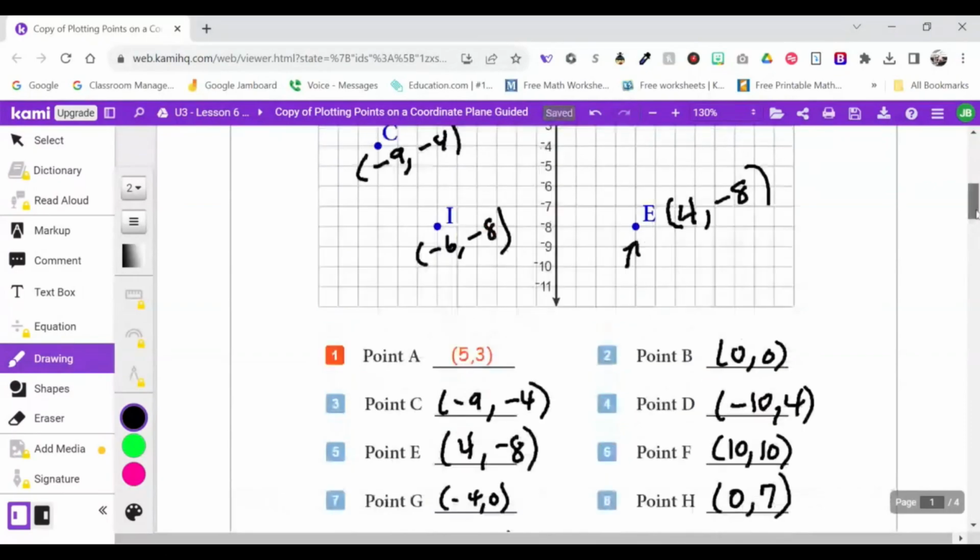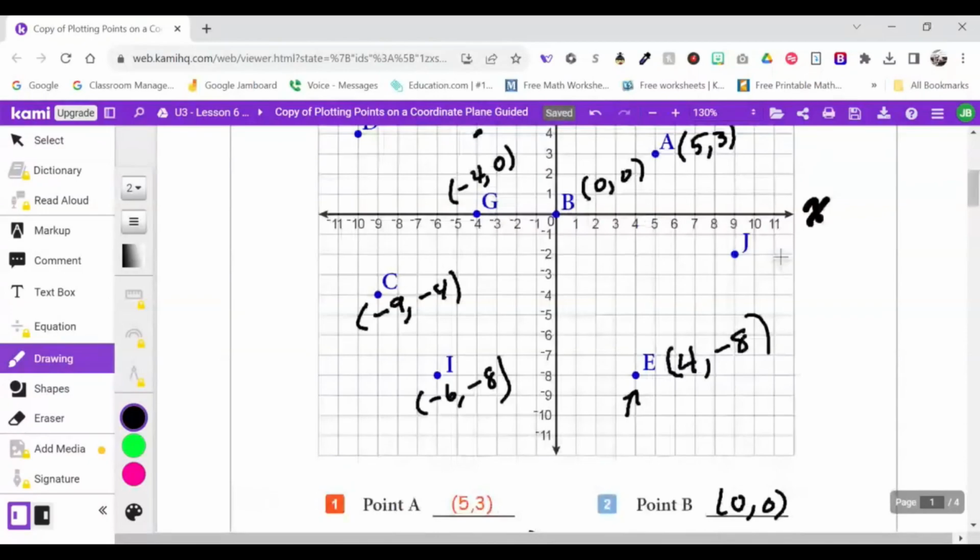All right, and then finally J. What are the coordinates of J? Okay, good.